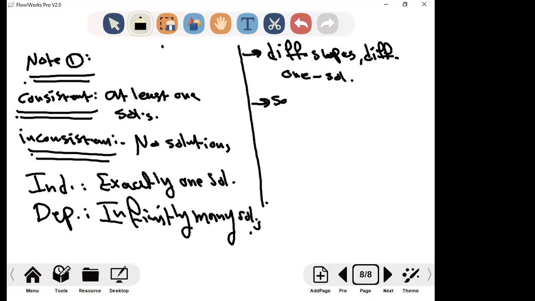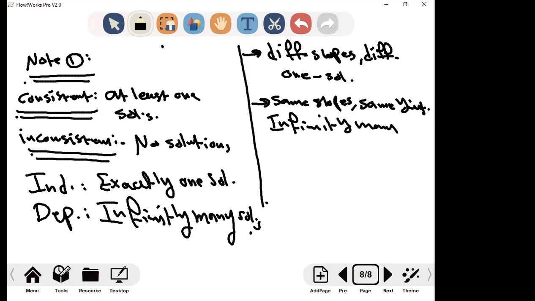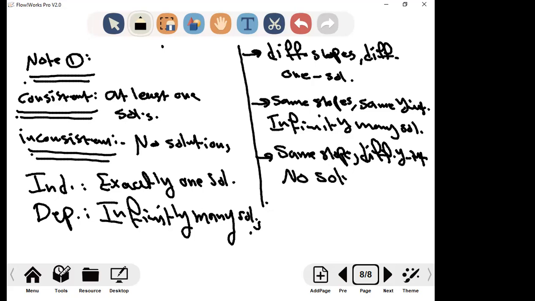But same slopes with same y-intercept means we have infinitely many solutions. Third case, same slopes with different y-intercept means they are parallel, meaning no solutions. This is the summary of all the concepts.